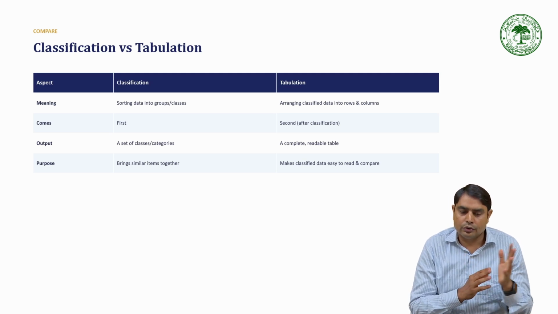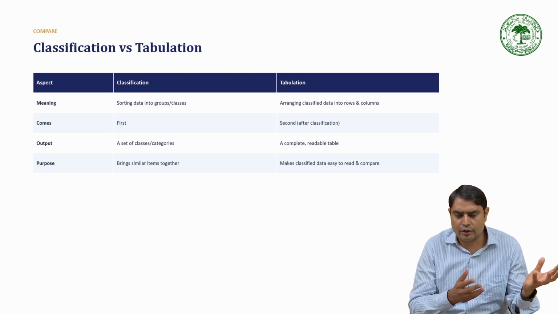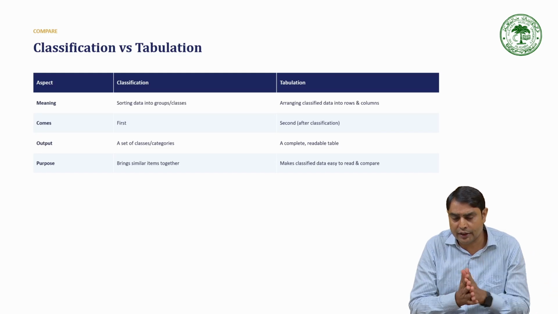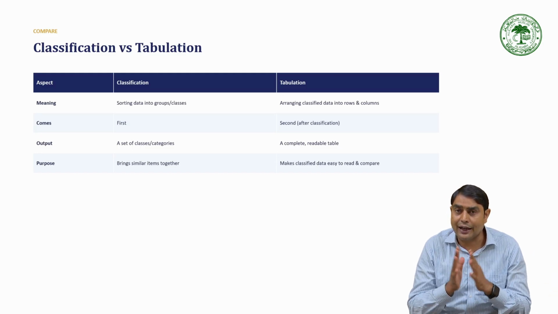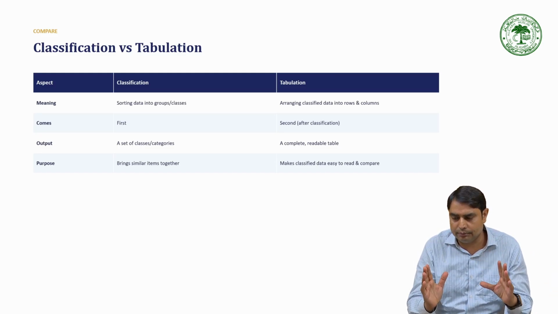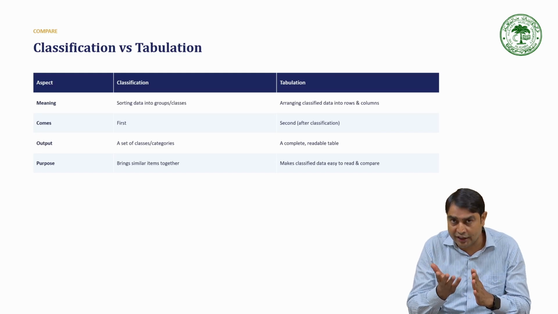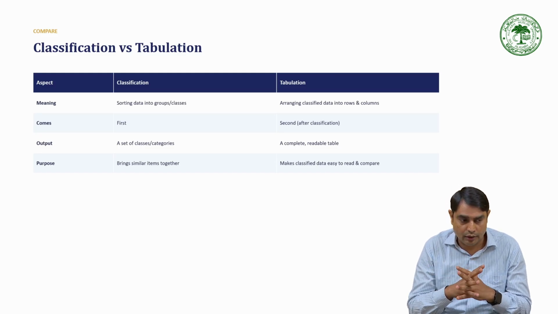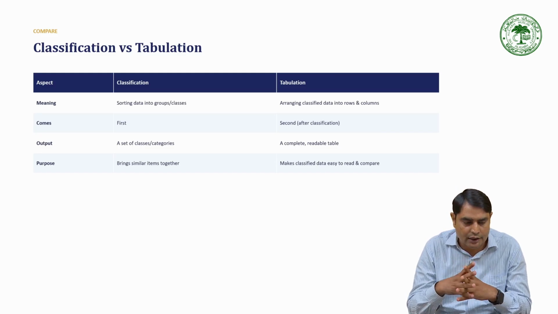And the output: what is the output of classification? Normally a set of classes or categories, whereas tabulation is a complete summarized form, which is more readable and more visual, useful for taking information at one glance.